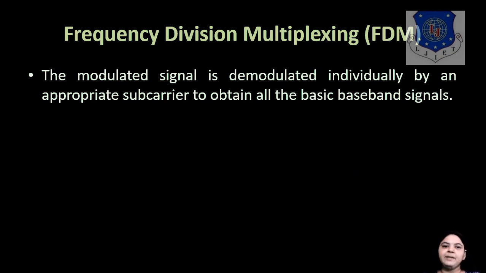The modulated signal is demodulated individually by an appropriate subcarrier to obtain all the basic baseband signals. So this way frequency division multiplexing can be used in the amplitude modulated signal, and we have learned about FDM signals.